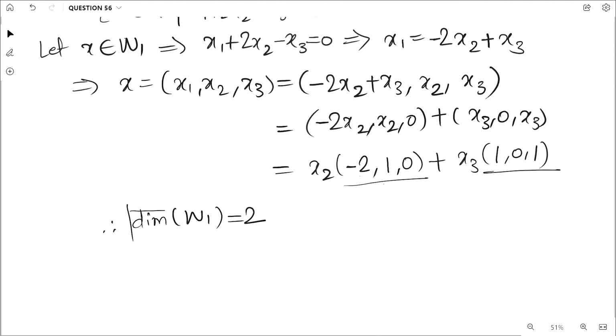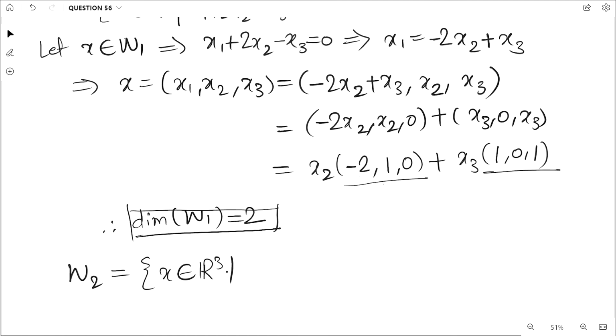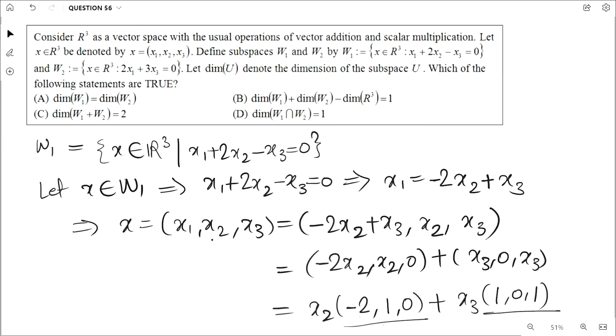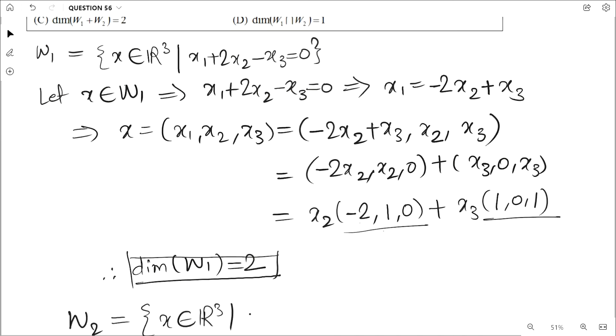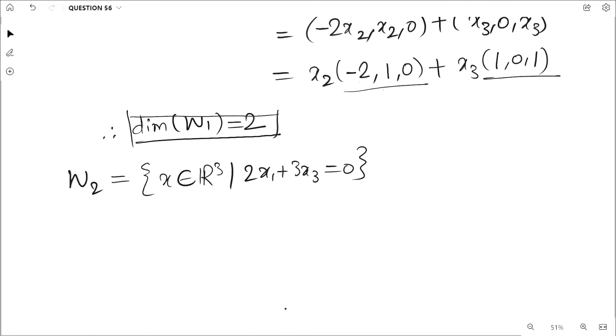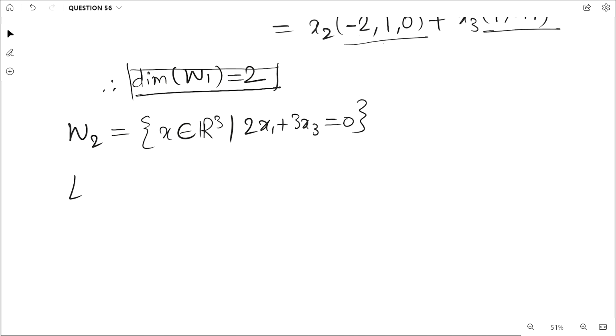Now we have got the dimension of W1 as 2. So now let's find the dimension of W2. W2 is defined as x belongs to R3 such that twice x1 plus thrice x3 is equal to 0. To find the dimension of W2, let x belong to W2.